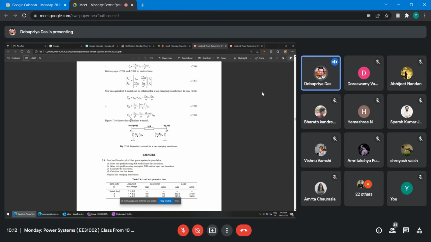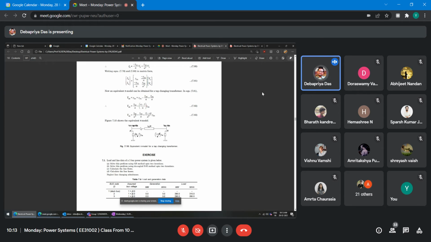Similarly, YQQ is YPQ upon A square, so you add YPQ by A and subtract YPQ by A. That is, YQQ will be YPQ upon A plus (1 minus A) upon A square YPQ.